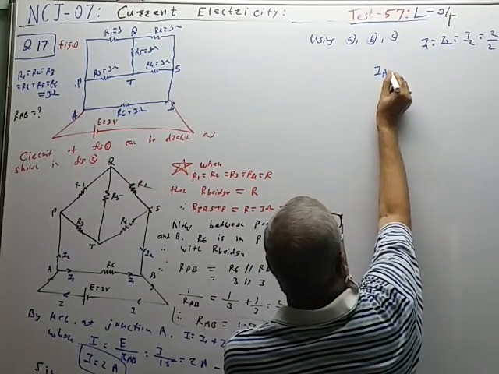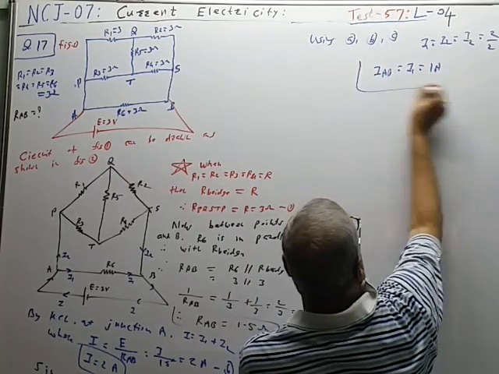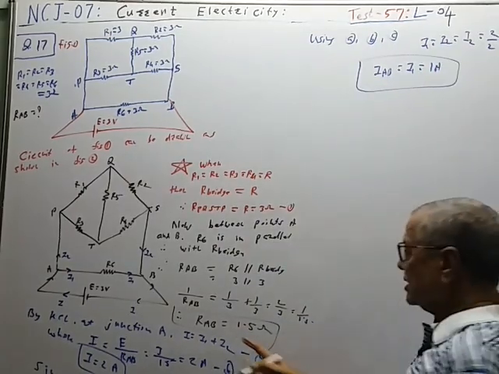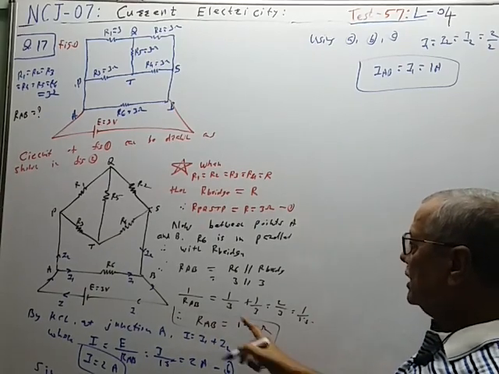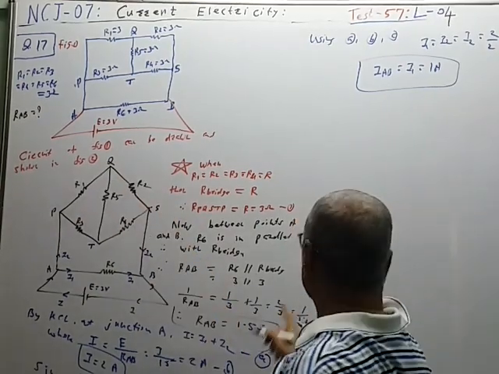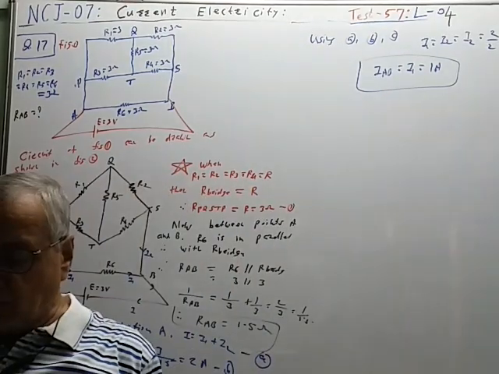So the current flowing through the branch IAB, represented by I1, is equal to 1 ampere. So these are the two answers that we require. RAB is equal to 1.5 ohm, total resistance between A and B is 1.5 ohm, and current is 1 ampere. So the correct answer is 1.5 ohm and 1 ampere.